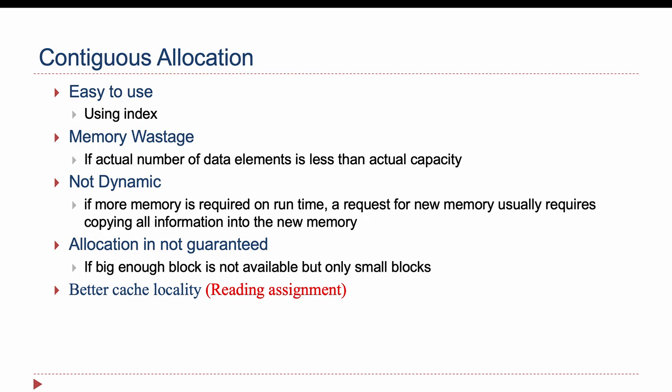Another disadvantage is that contiguous allocation is not dynamic, meaning that if more memory is required at runtime, a new block of memory needs to be allocated, which can be time consuming and require copying all the data to the new memory allocation. This can also lead to memory fragmentation, as smaller blocks of memory may be allocated instead of a larger continuous block.